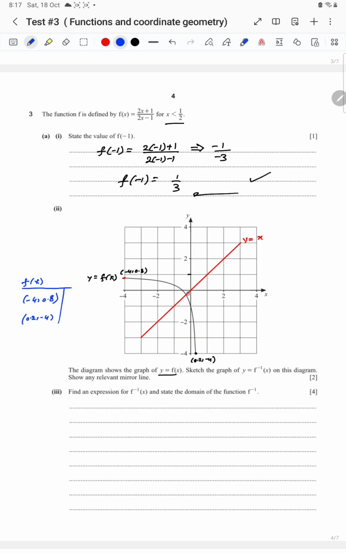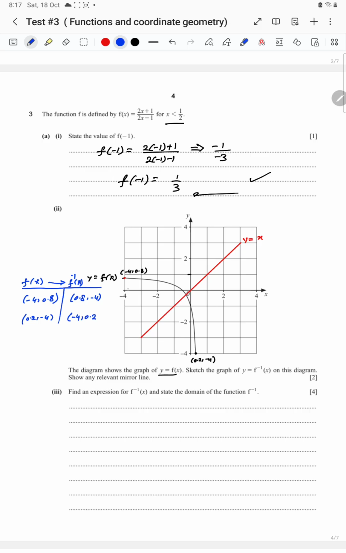That will change for f inverse of x. We are changing from it, so it will be 0.8 and minus 4, and this comes to be minus 4 and 0.2.